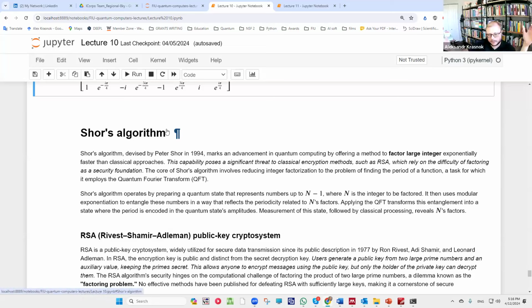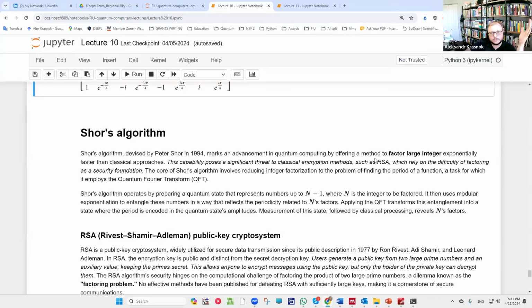If a number is long enough, like 100 digits, right? If you don't know either number from this product, the classical supercomputer can work on this problem for billions of years. So it's unsolvable problem for classical supercomputers. Of course, if you know one of these numbers, then the problem is solved very easily.